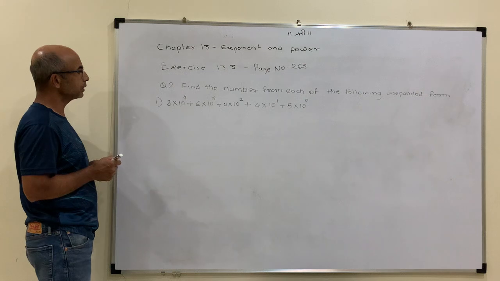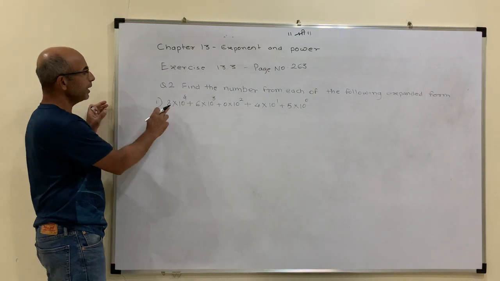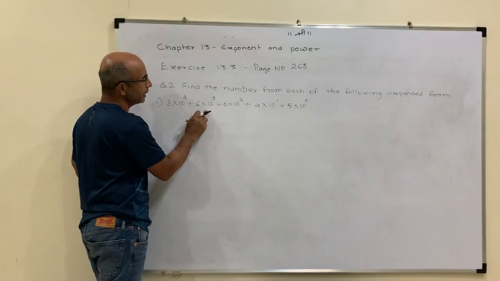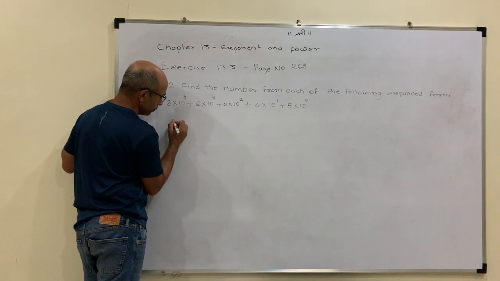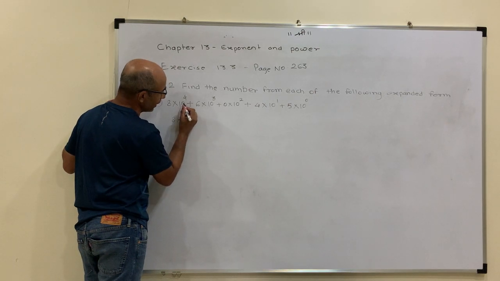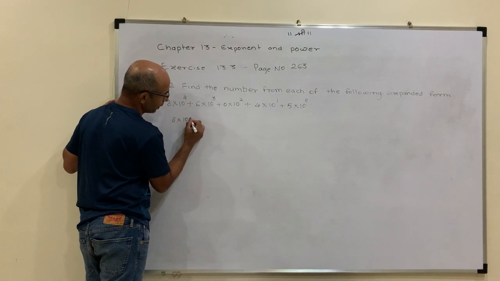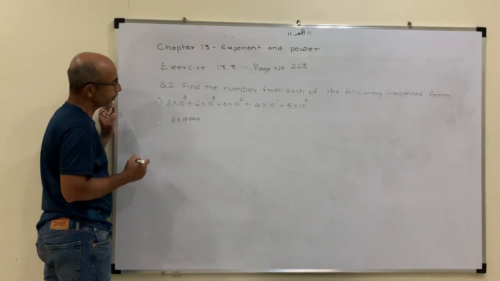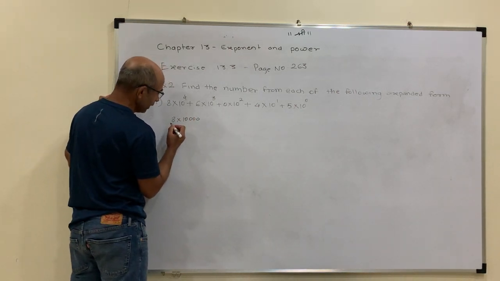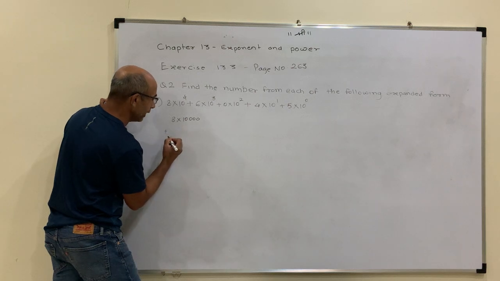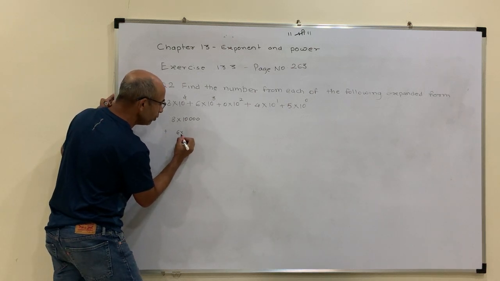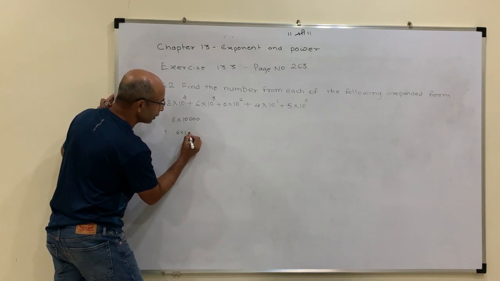Now to solve this one, the best way is to do 10 into 10 raised to 4, which is 10,000. Then you write it over here, one after another: 6 into 10 raised to 3 is 1000.